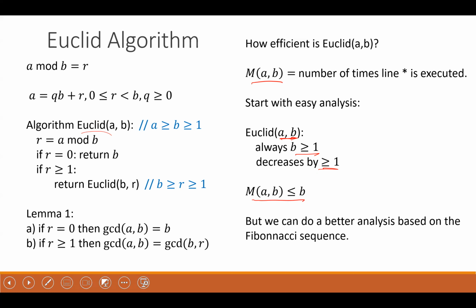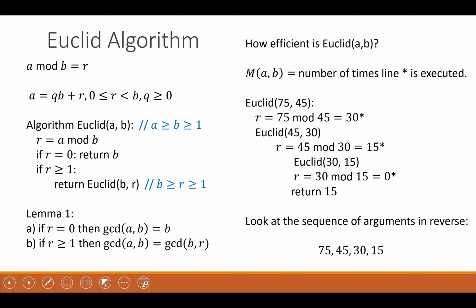Now the hard analysis based on the Fibonacci sequence. Okay, so to see why we use the Fibonacci sequence, let's take a look at our algorithm and look at all of the different inputs that we use when we make our recursive calls. So we start with 75 and 45. Then we make a call to 45 and 30, and then 30 and 15. If I look at the sequence of arguments here, and I get rid of the repeats, then there's something a little telling about this sequence.